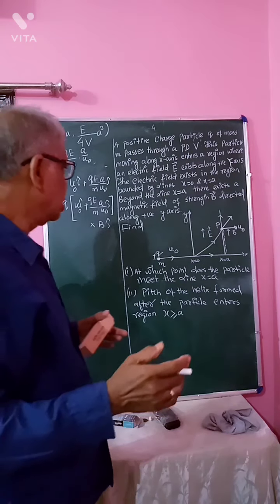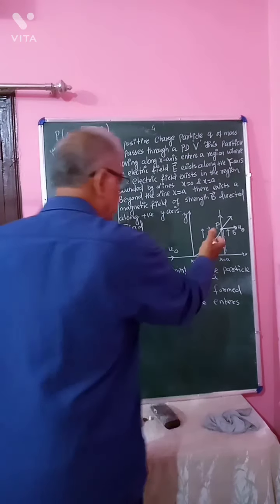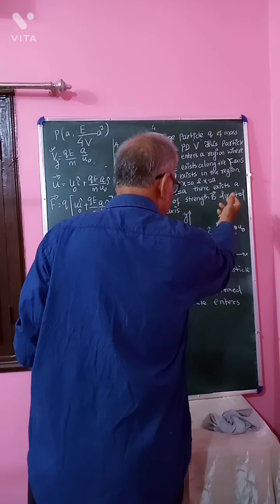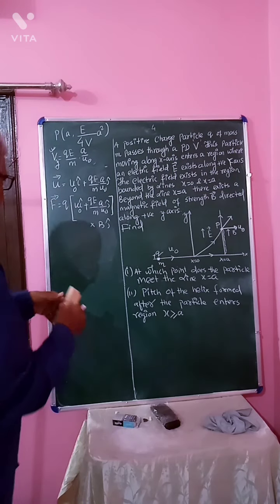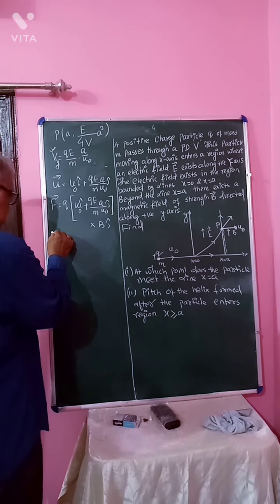Since the magnetic field of induction B is directed along the positive y-axis, it is B j cap.